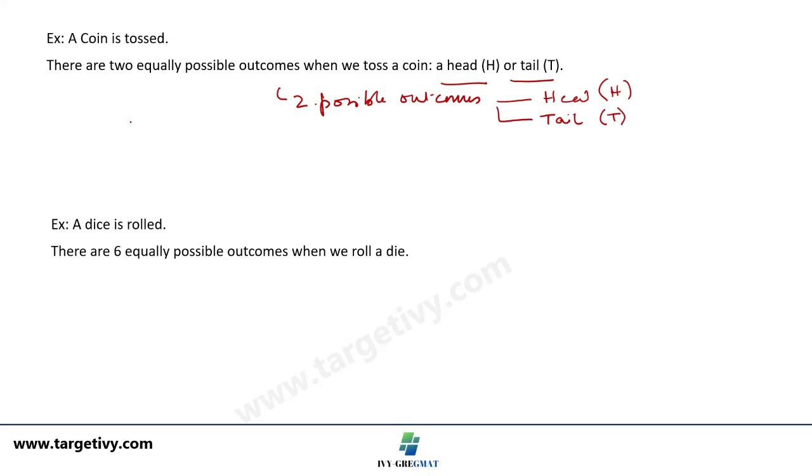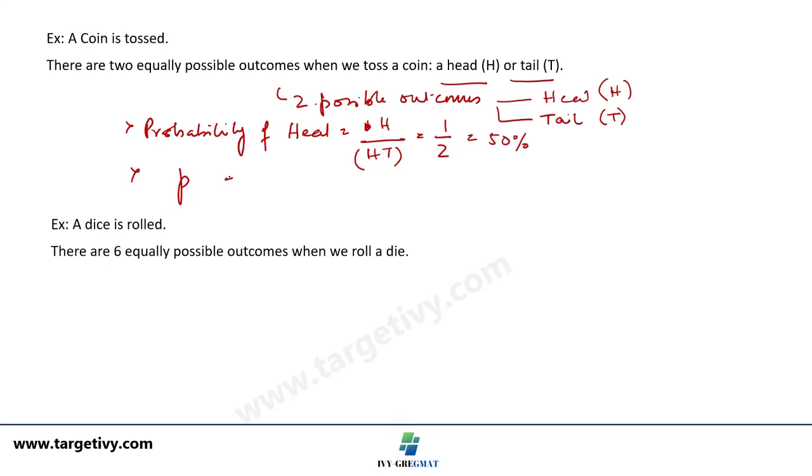Now, the probability of a head is H by H and T. The possible outcomes are H and T, which is 1 by 2, which is 50%.